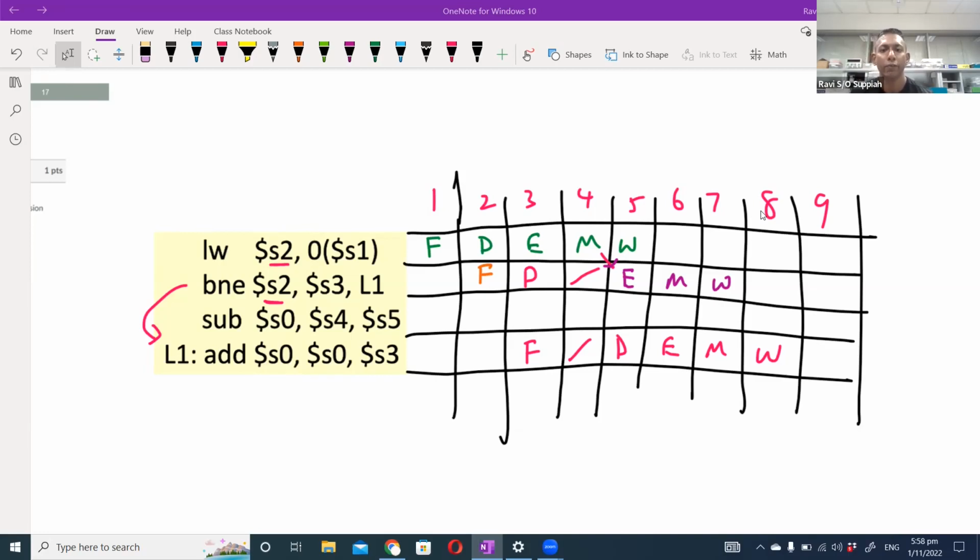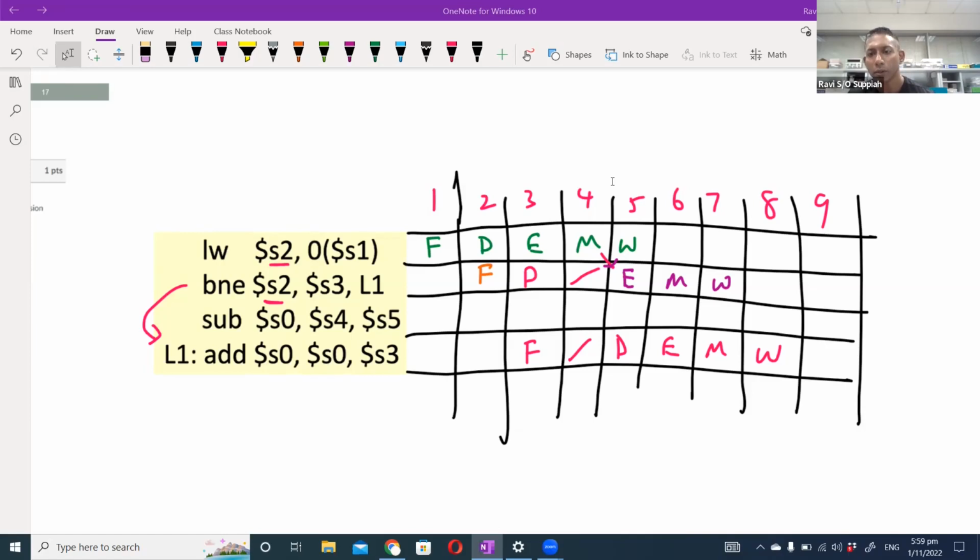So if we already have the ability to do forwarding from memory to memory, then it makes more sense, if possible, to just stall it in the execution stage or just before the execution stage, so that when I go to the exe stage, the forwarding happens and the correct data is available. So I will show that in a while.